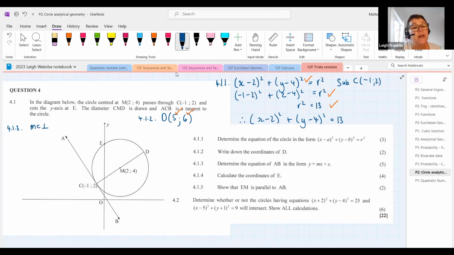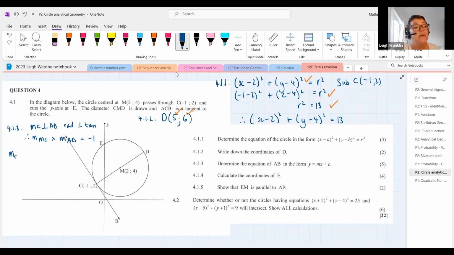MC perpendicular to AB because the radius is perpendicular to the tangent. That means that the gradient of MC times the gradient of AB will be equal to -1.